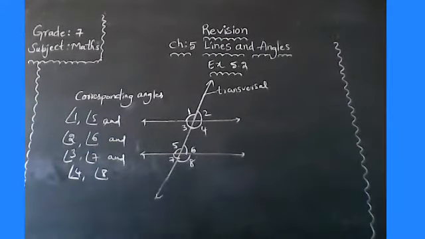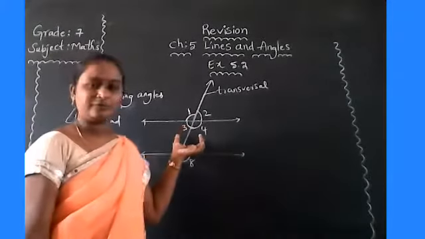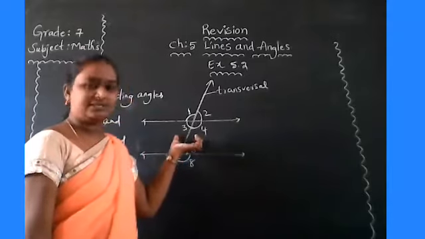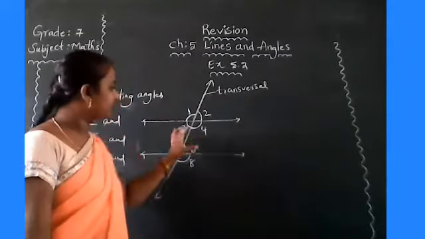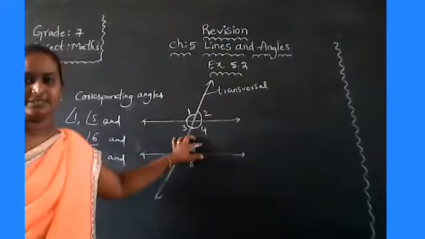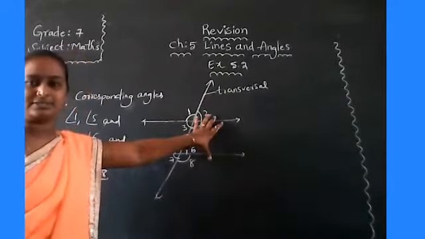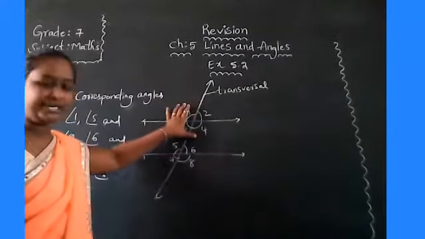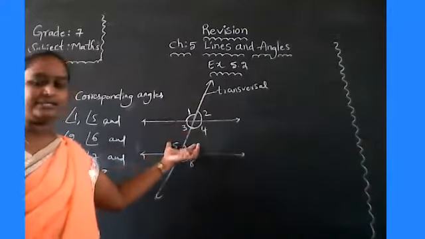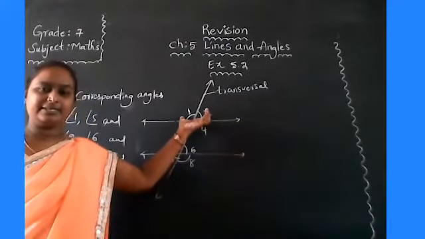And next, right children, some of the angles are inside angles. Inside angles are called interior angles. If one transversal cuts the two lines, we get corresponding angles, interior angles, and alternate interior angles.